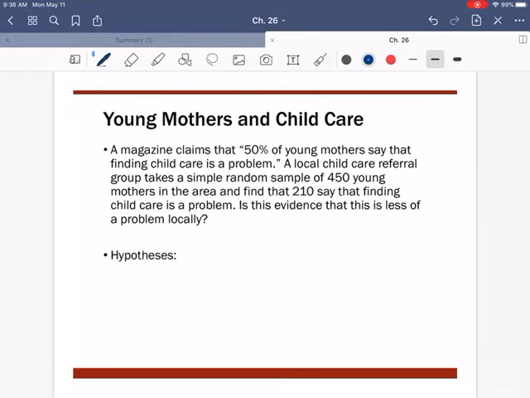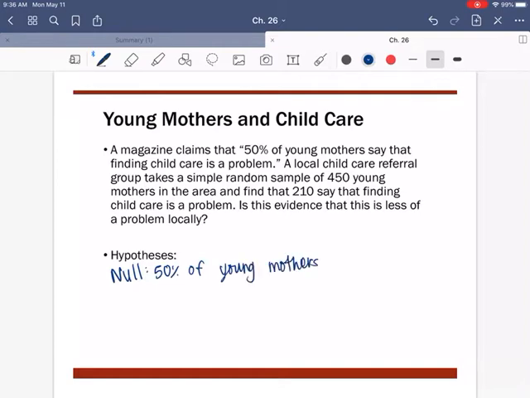So what we want to know is whether there is evidence that there is less of a problem in this specific area than there is nationwide. So our hypothesis, the null, is always that it is what it says it should be.